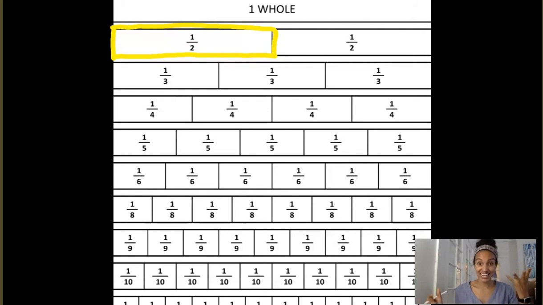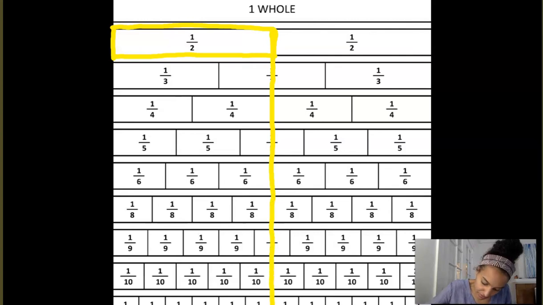And I love that it's so easy. All I have to do, looking at where 1/2 ends over here, is draw a line straight down my page. And I'm going to see, where did it line up with the end of other fraction boxes perfectly?